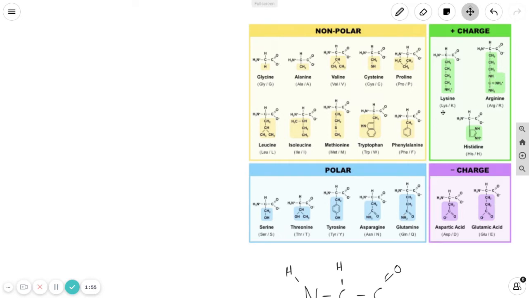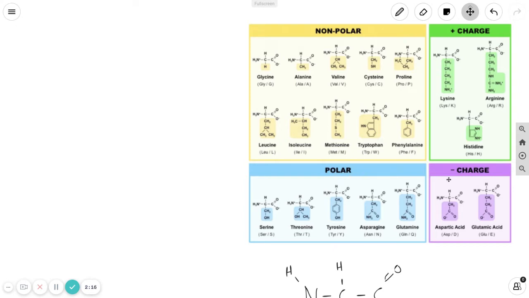So because the R groups are different, the R groups have got different properties. So quite a lot of them are non-polar. So in terms of being in water, they're going to be hydrophobic. So they're going to orientate away from water. Whereas these polar ones, they're going to interact with water. So they're going to be hydrophilic.